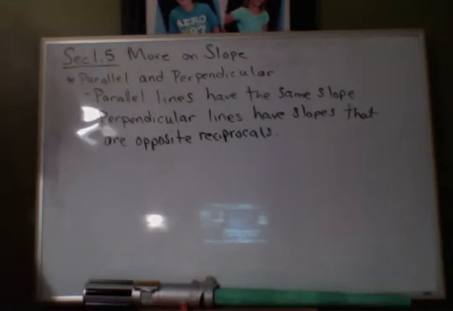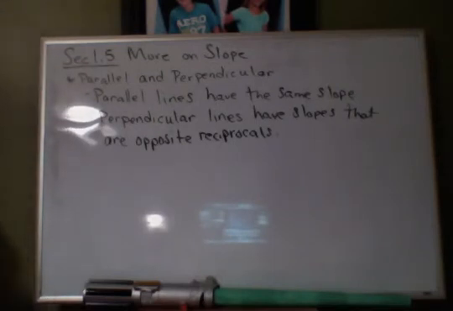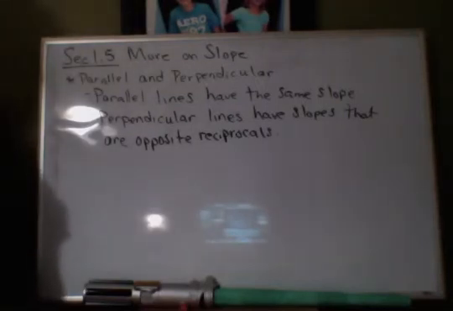And we're going to use this information to help us write different equations of lines. Remember that when we write the equation of a line, we really need a point and a slope. We're going to write a point-slope equation, and then change that into slope-intercept form.